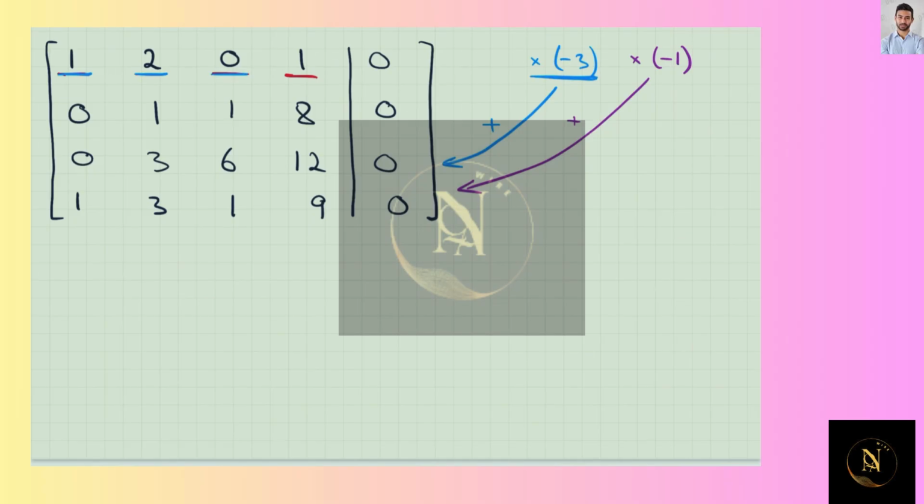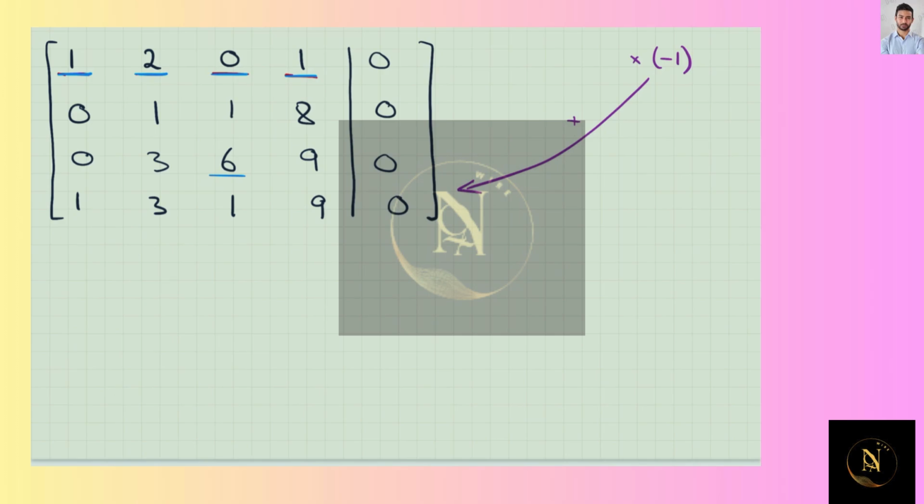Plus 6 is going to be 6. And 1 times -3 is -3. -3 plus 12 is 9. We are going to get 9. And the last column is going to be the same. Now we are done with the third row.